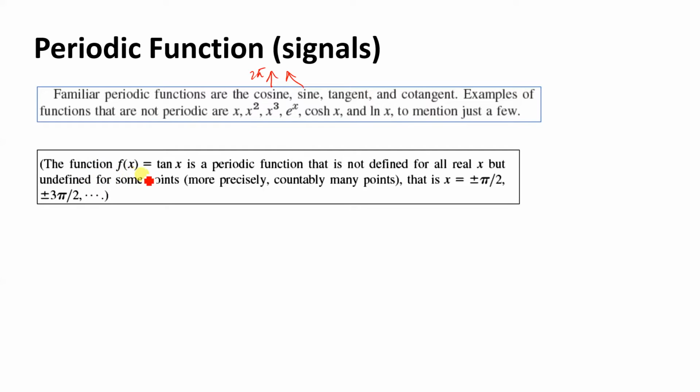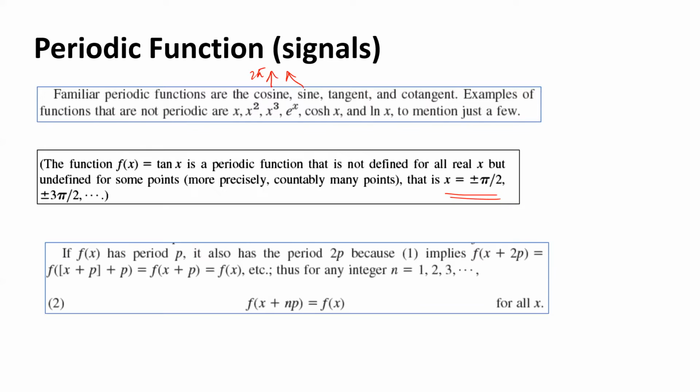There is an observation that f(x) equal to tan x is a periodic function that is not defined for all real x, but undefined for some points, that is, for the points where x is an odd multiple of pi by 2. We have already discussed in the previous slide that if f(x) has period p, then it has periods 2p, 3p up to np.